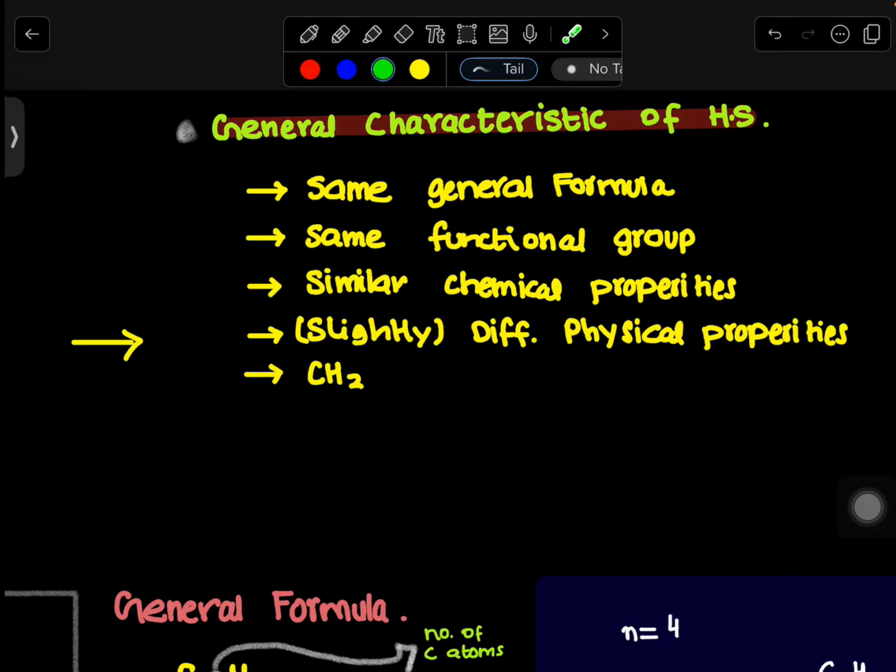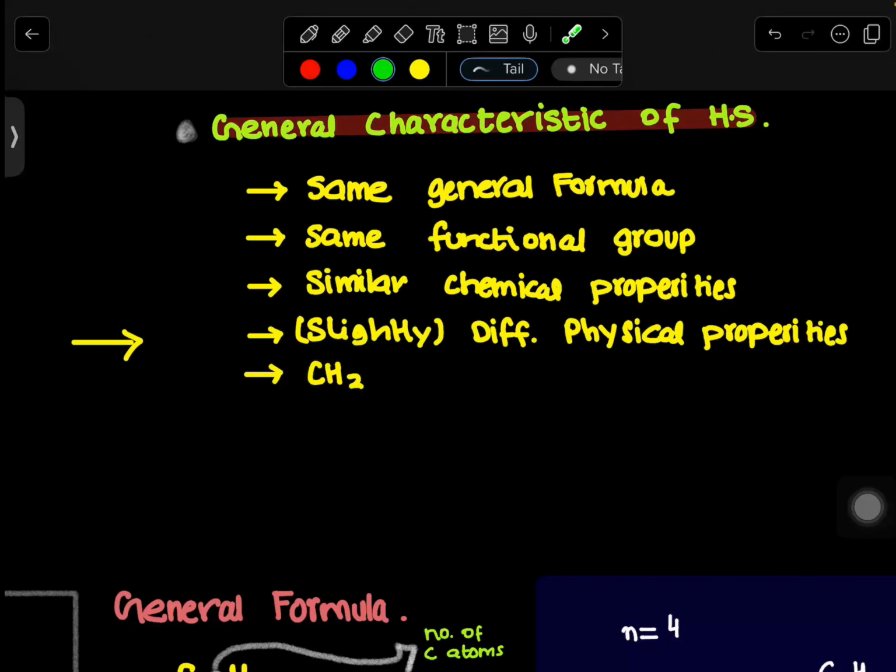And the difference in the molecular formula between one member and the next, for example, between methane and ethane, is the addition of CH2 in the one following the prior compound.